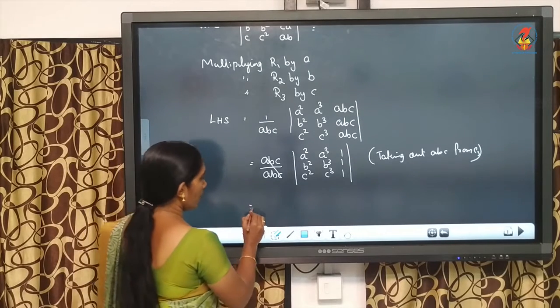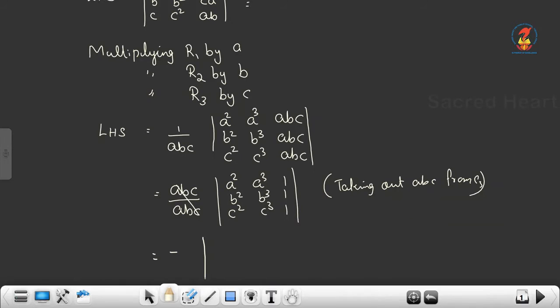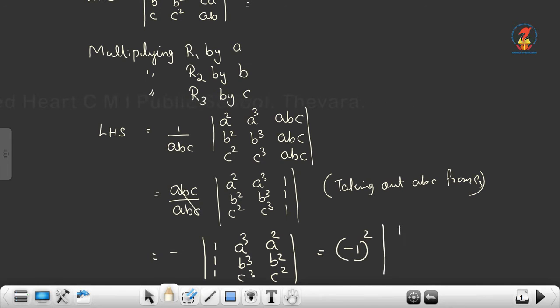So you have to put one minus sign, then you can write 1 1 1 in the first column, a square b square c square in the last column, and the middle one is a cube b cube c cube. Again we have to interchange, so one more negative sign. So minus 1 whole square into the determinant 1 1 1, a square b square c square.